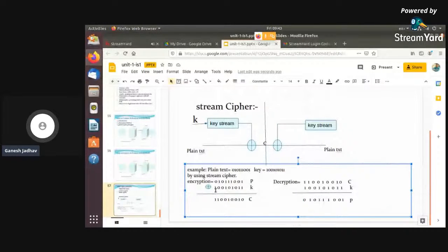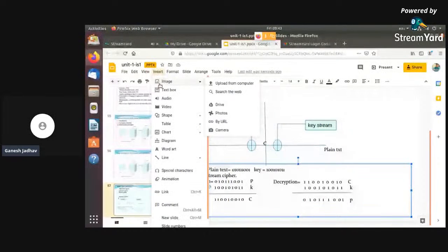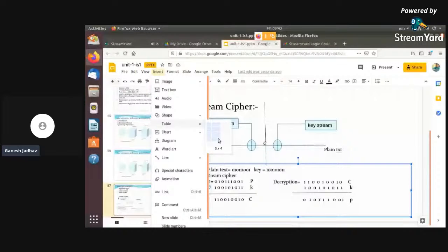So we insert one simple table so you can get the actual value.